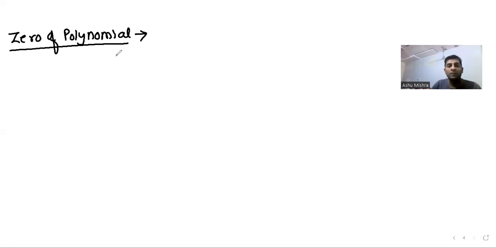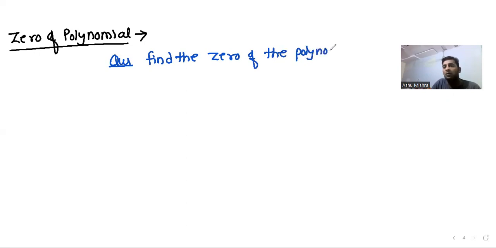अब जनरली क्वेश्चन लेके बात करता हूं. Suppose अगर मैंने आपको क्वेश्चन दिया, find the zero of the polynomial p of x equal to 3x minus 7, means the value of x for which p(x) equal to 0.